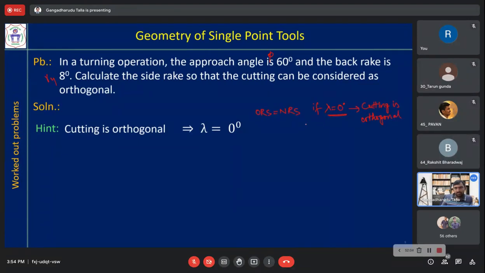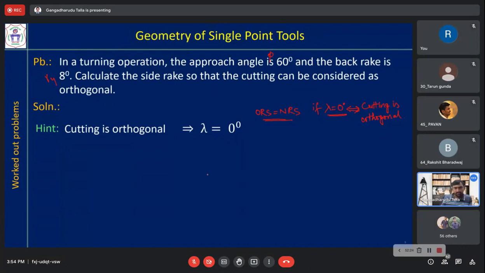So these are the points. ORS is equal to NRS if lambda is equal to 0. So this is implied either way. If lambda is equal to 0, cutting is orthogonal. If cutting process is orthogonal, lambda is equal to 0.